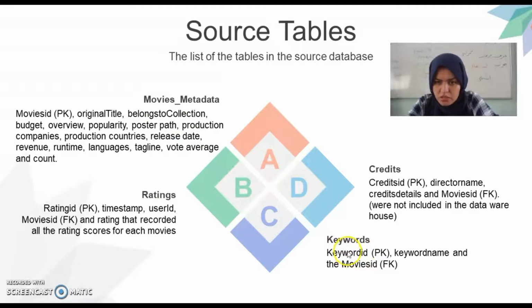For keywords we are using keyword ID as a primary key, keyword name as another attribute, and movie ID as a foreign key. These are the 3 tables we use in our project: movies metadata, ratings, and keywords.